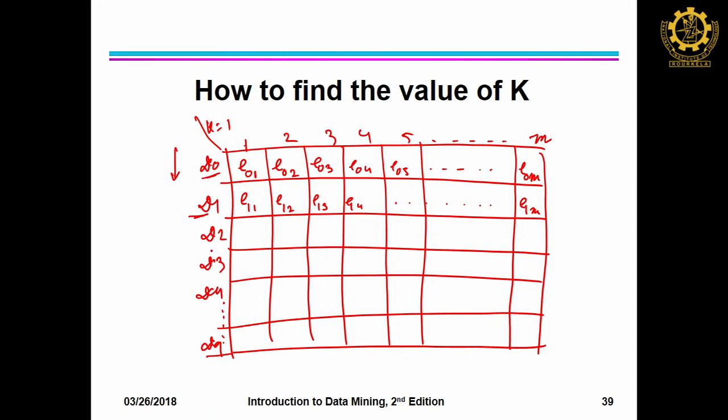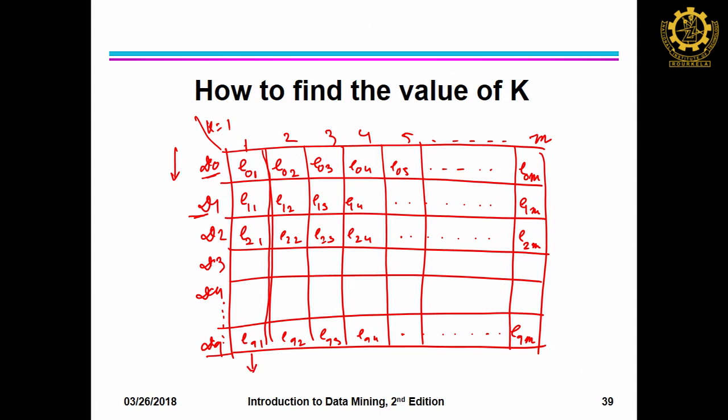When D 2 is the validation set, it is denoted as E 2 1, E 2 2, E 2 3, E 2 4, up to E 2 m. For the ninth it will be E 9 1, E 9 2, E 9 3, E 9 4, up to E 9 m.